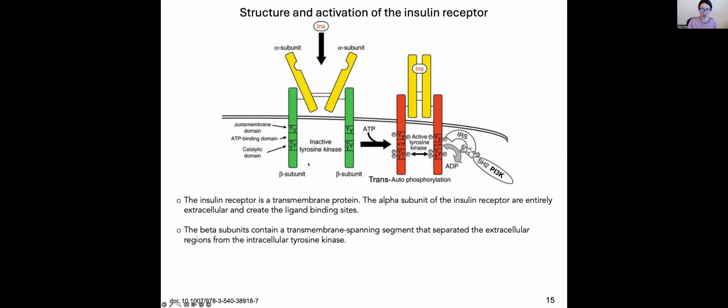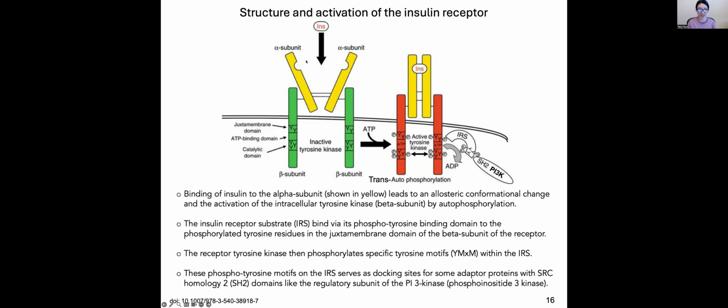All right. So once the insulin binds to the alpha subunit, it's going to lead to an allosteric conformational change and the activation of the intracellular tyrosine kinase that's on the beta subunit by autophosphorylation, right? So we learned about this when we were talking about cancer.